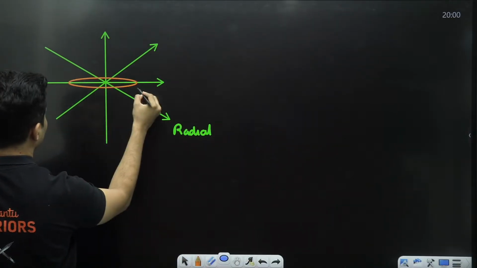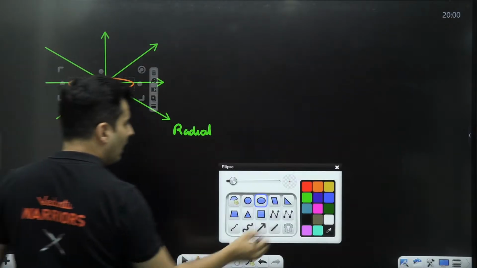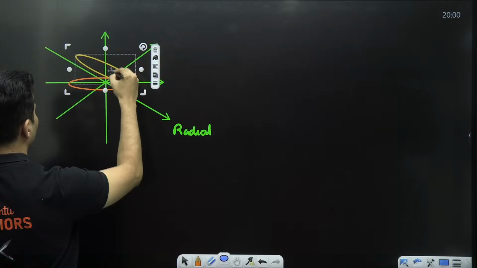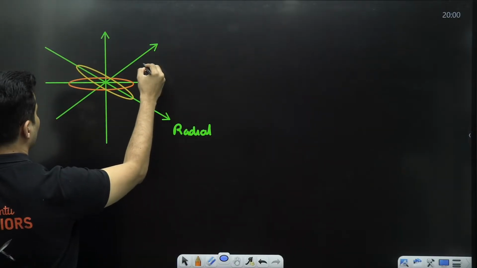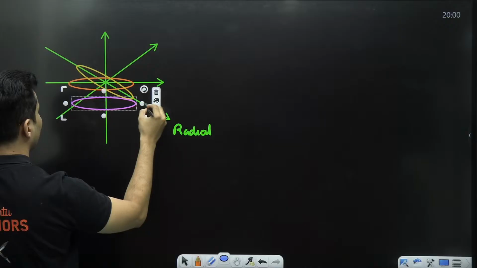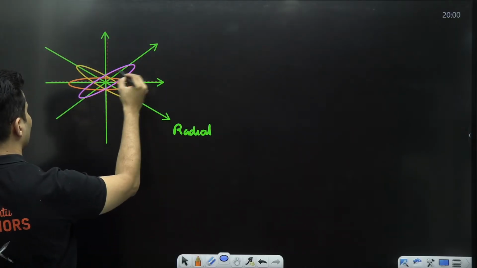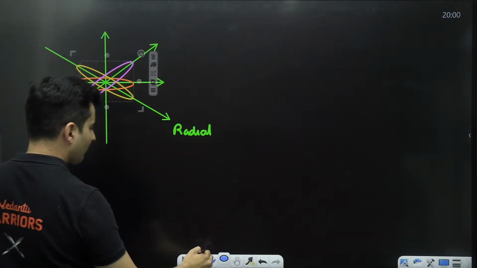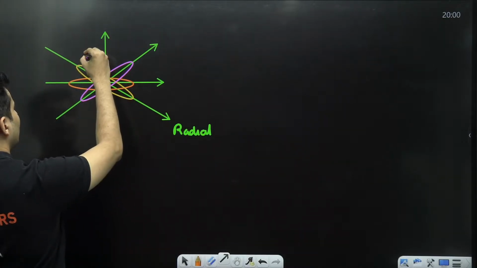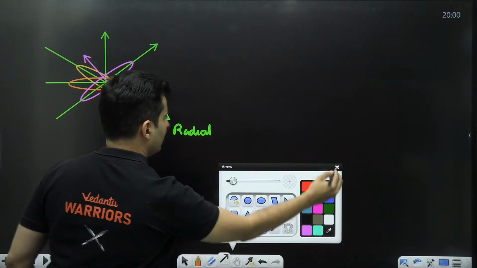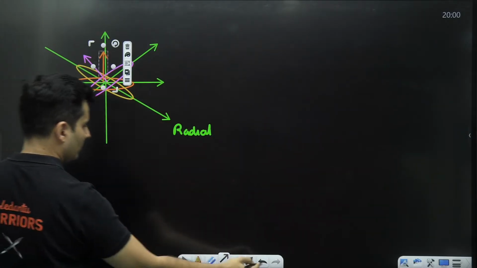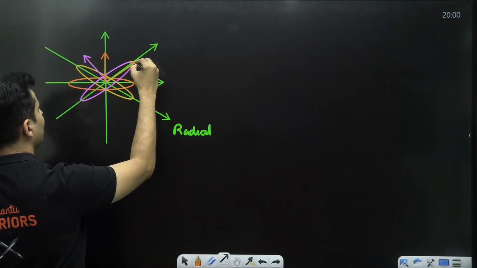No matter what the orientation of the coil is, observe this carefully now, you will see that their magnetic moments, let's say in this case the magnetic moment is like this, in this case like this, in this case like this.